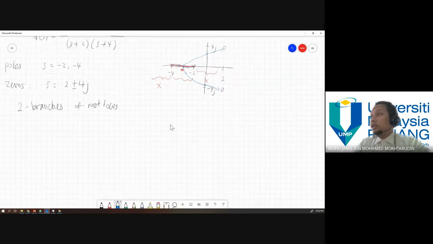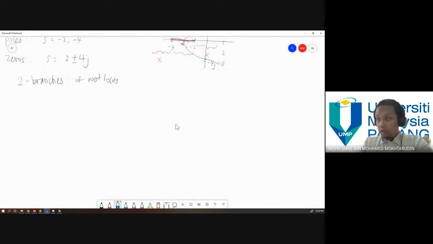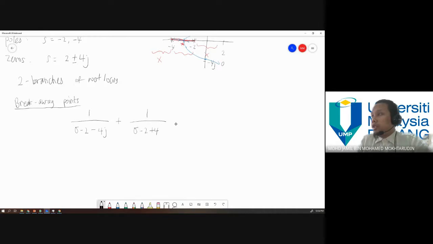So let's find the breakaway points. 1 over sigma minus 2 minus 4j, plus 1 over sigma minus 2 plus 4j, equals 1 over sigma plus 2 plus 1 over sigma plus 4.